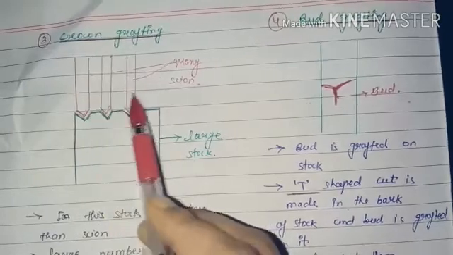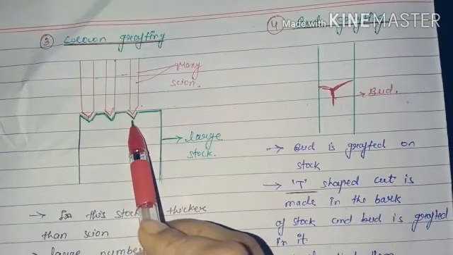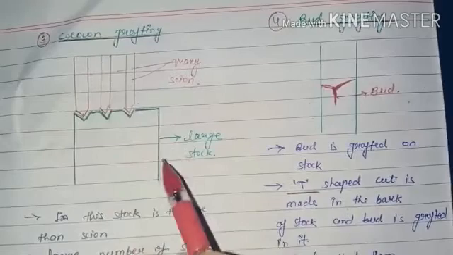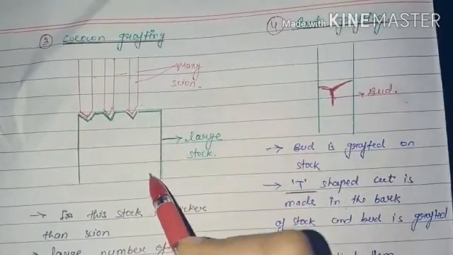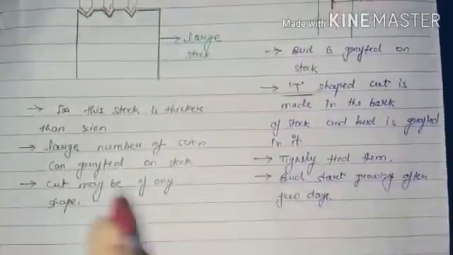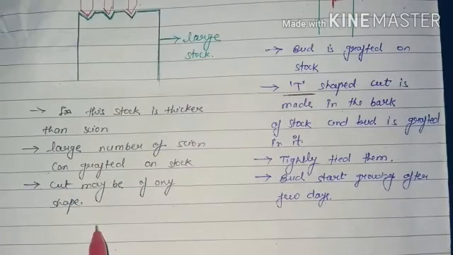So many scions are fitted here and we can cut them in any shape. One, two, three scions are there and a large stalk. There is no particular shape.